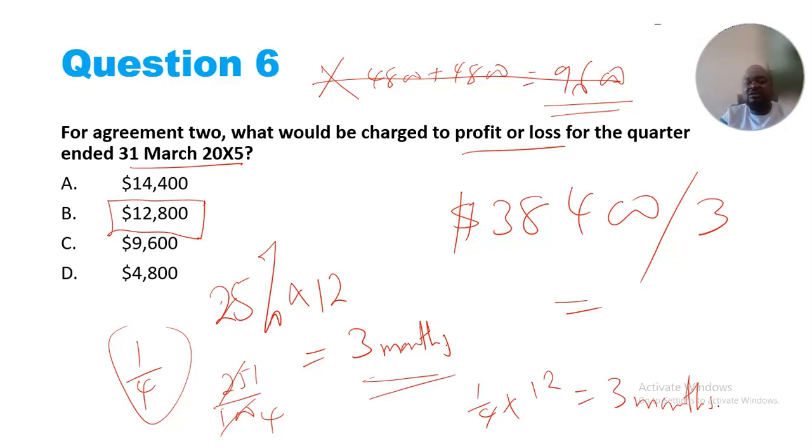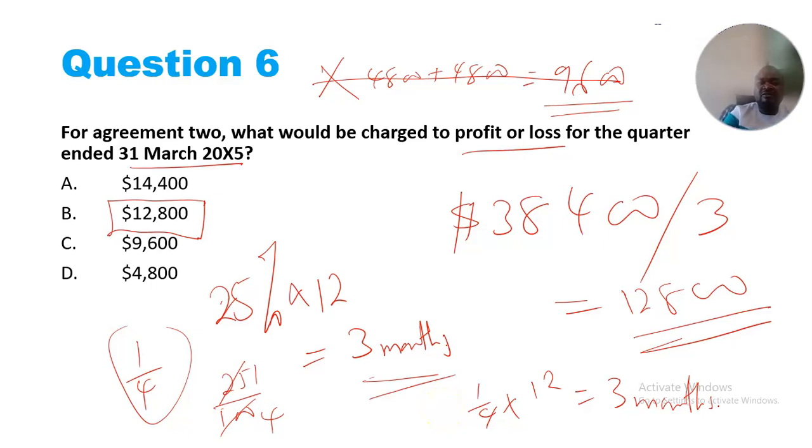We evenly account for the total lease cost, and each quarter we have to consider as a full 3 months, regardless of the fact that the first month we're not going to pay, but in substance we're going to pay for it, although the payment has been reduced. So that's 12.8. That's the answer.